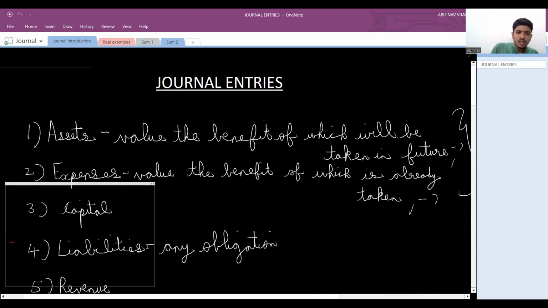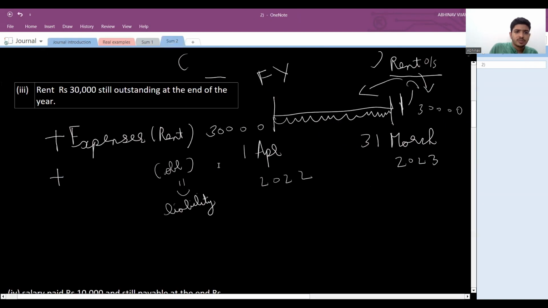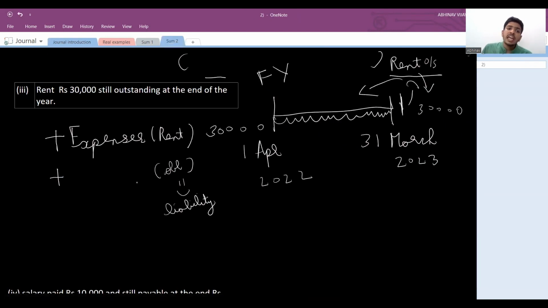An obligation is a liability. So the name of the liability, right? You didn't pay rent, so outstanding rent. You read anything, rent not paid account, outstanding rent account, anything you read, rent outstanding account. It doesn't matter. Concept matters. Any name you can give for the account.